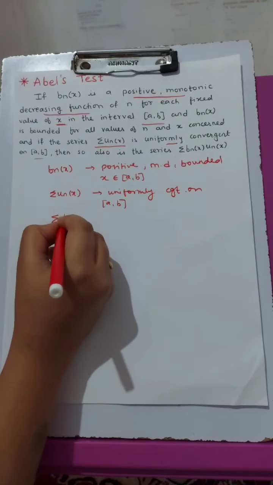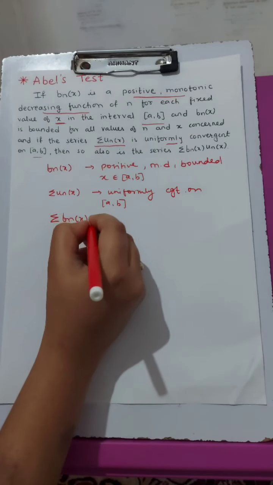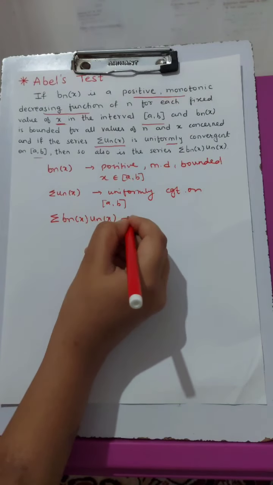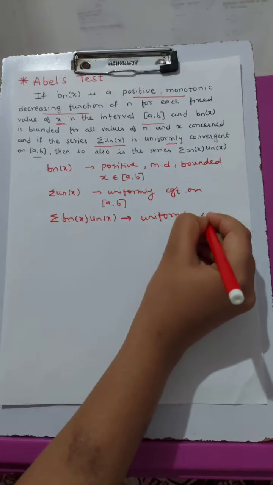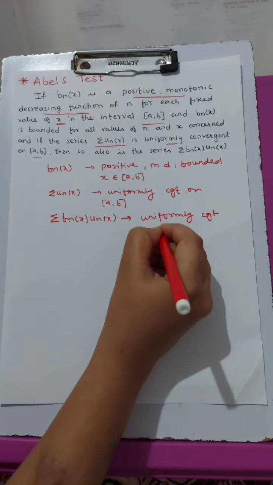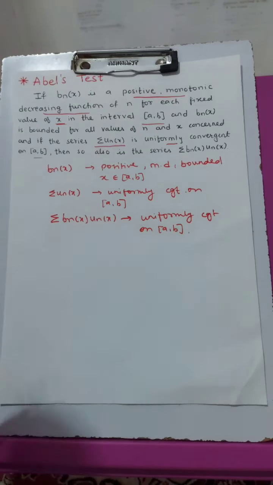Then we say that summation Bn of x un of x is uniformly convergent on the same interval ab.